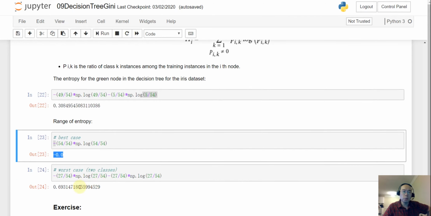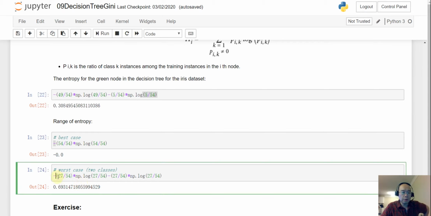And what is the worst case? The worst case is we have a 50% split. So in this case, it will be 50% on one class, 50% on another class, and then this will be our entropy. So our feeling should be, even though Gini and entropy are two different measures, the lower the better on both of them, right?